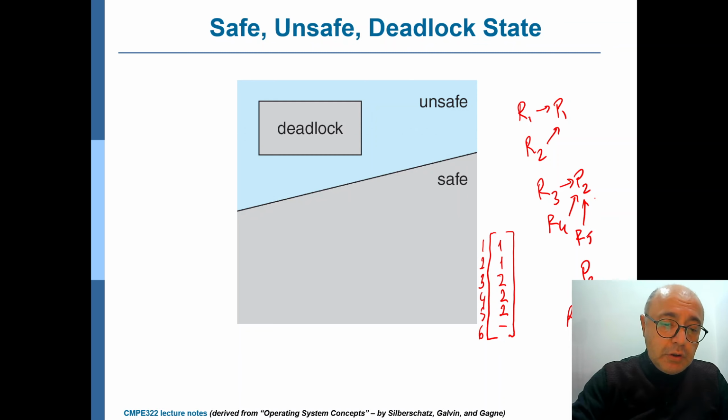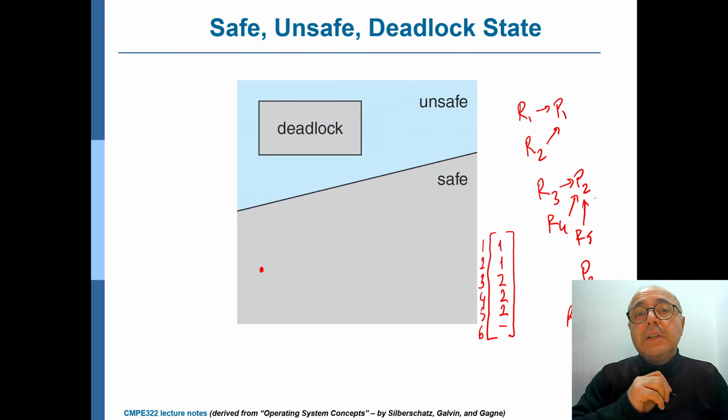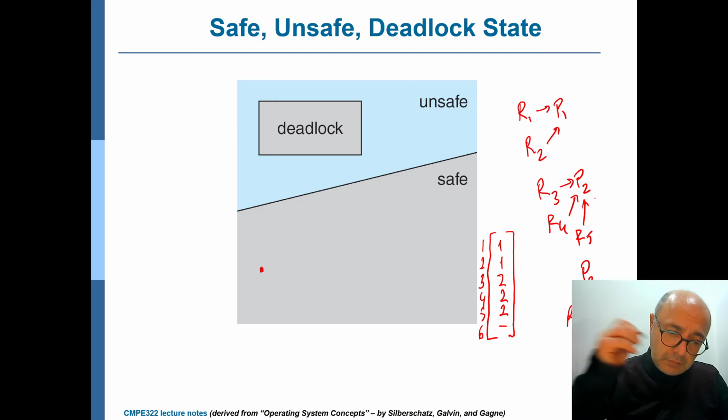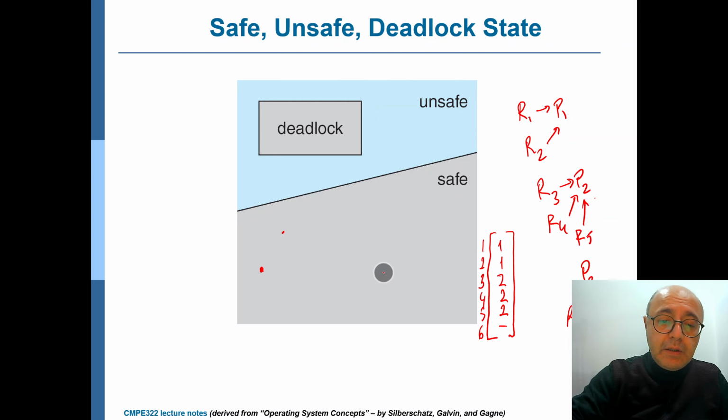Now, this is a state, okay? This state is just any point in the set, in the safe state. You could have other combinations of this vector. So every different combination of that vector is a point in this set, which is the set of safe states.